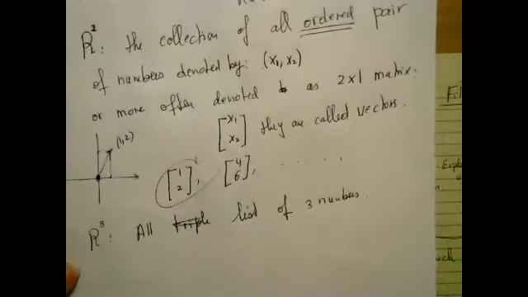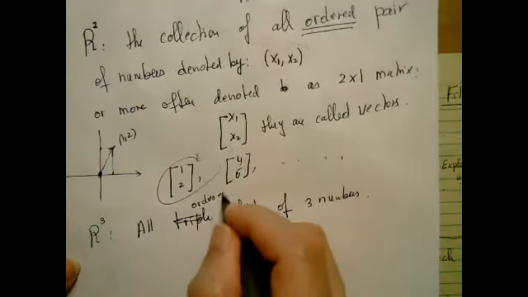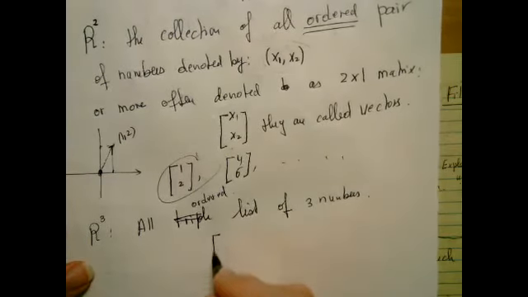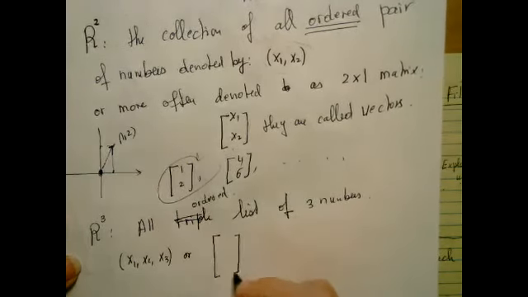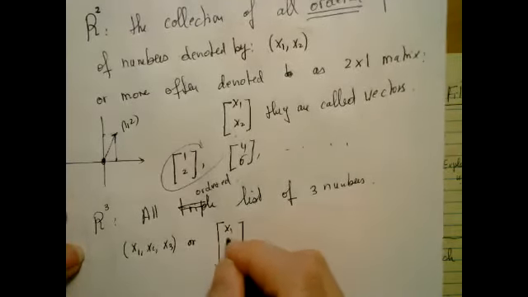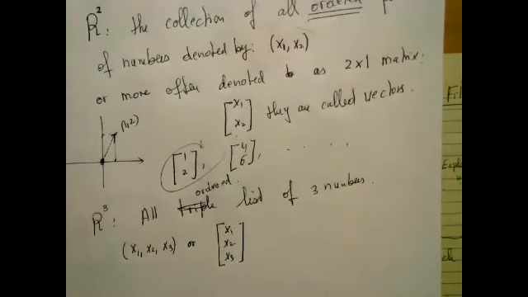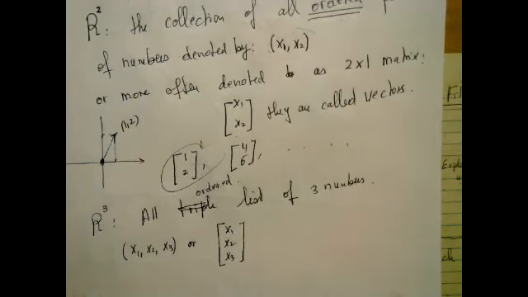We can either write them x1, x2, x3, or as a 3 by 1 matrix, which I'm trying to emphasize a lot. So when I tell you a vector in R3, you just think of a 3 by 1 matrix. Nothing more, nothing less than that.